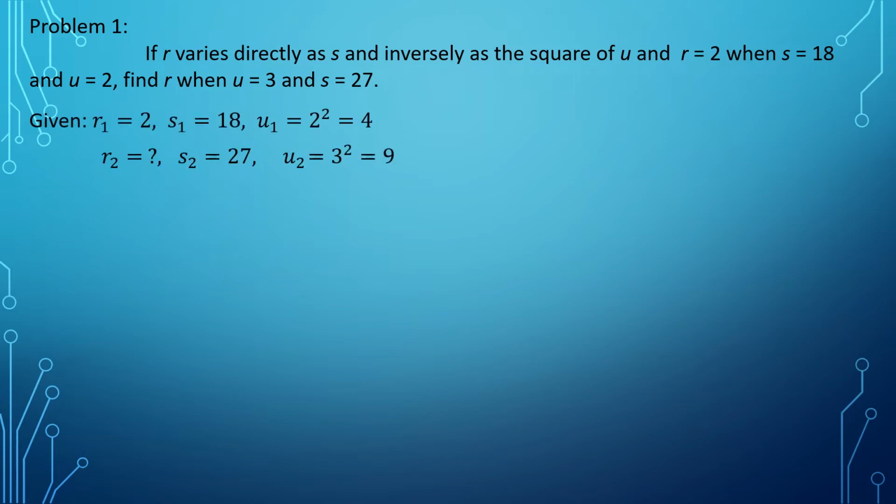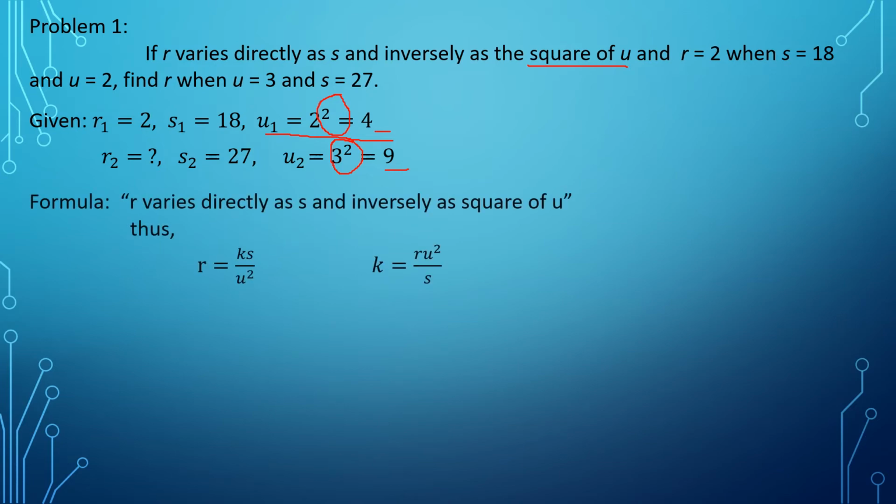Una, given. So, sulat lang na nimo ang mga given. Now, remember, pag abot nimo diri sa u, since may nakabutang diri na square of u, i-square nimo ang value sa u. So, instead of 2, 2 squared, so 4 na siya. And sa u sub 2, instead of 3, 3 squared na siya, so 9.